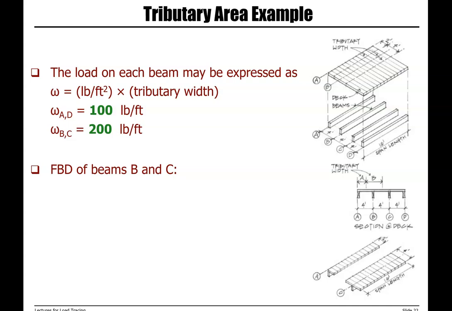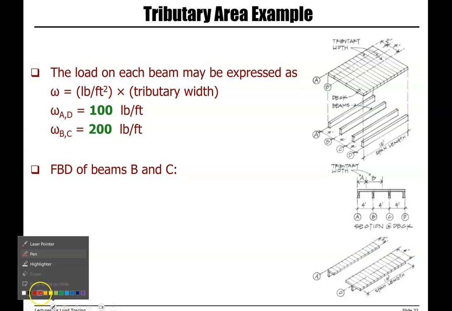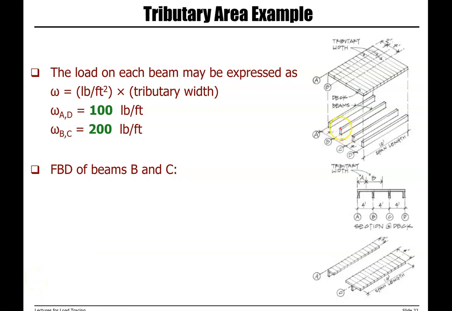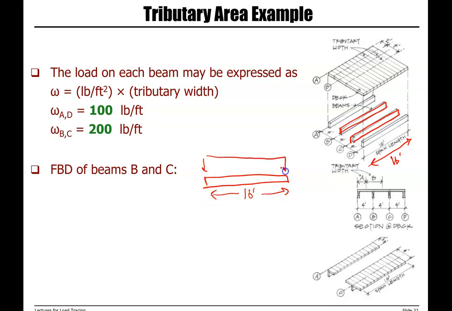Now we can do the free body diagrams for beams B and C. So for beams B or C, we have the beam. The span length is 16 feet, and the load is 200 PLF.